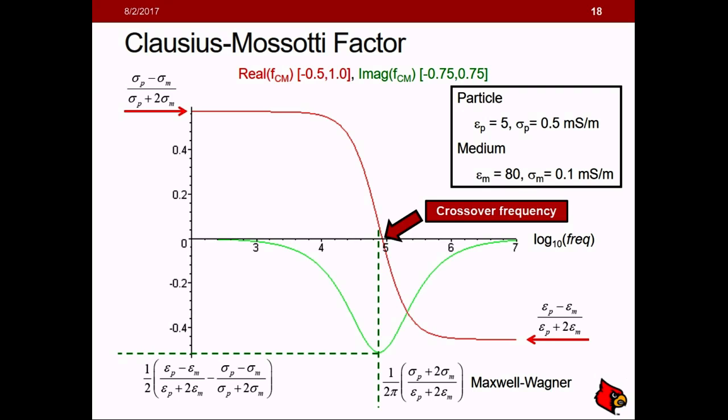And then particle B would experience negative dielectrophoresis and would be repelled from these regions. So you could essentially sort two different particles based on the behavior of the real part of their Clausius-Mossotti factor.